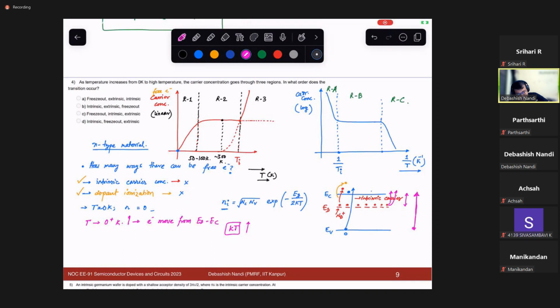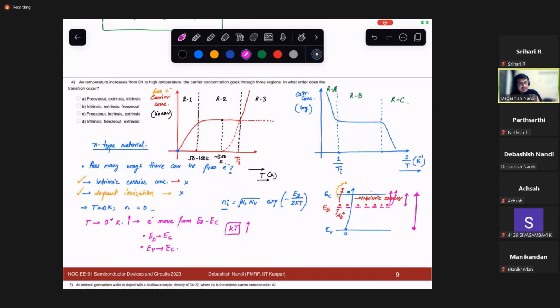Then after some time both will take place: the ED to EC transition and the EV to EC transition. Now tell me one thing, do we have infinite reservoirs of electrons for this Nd? We do not, right? We have some limited dopant atoms.